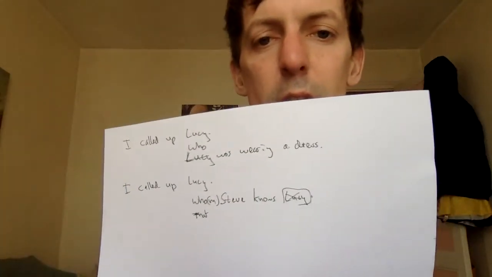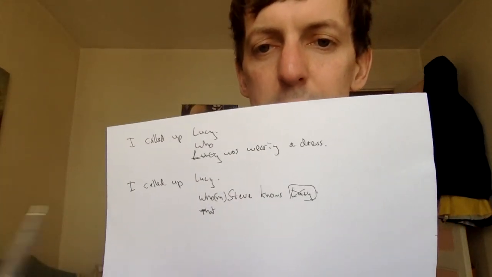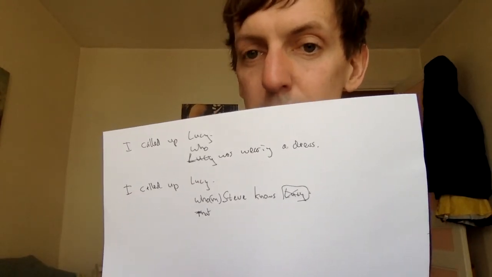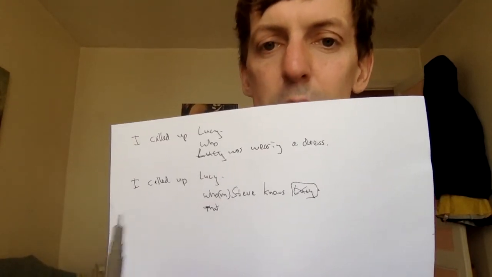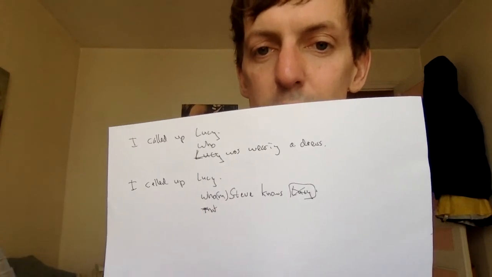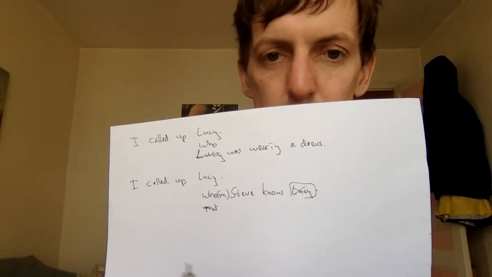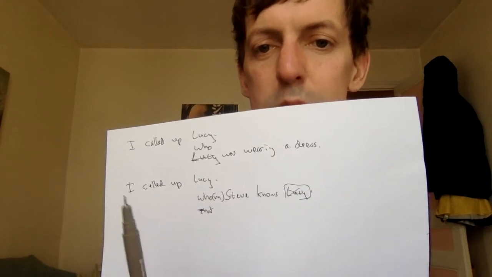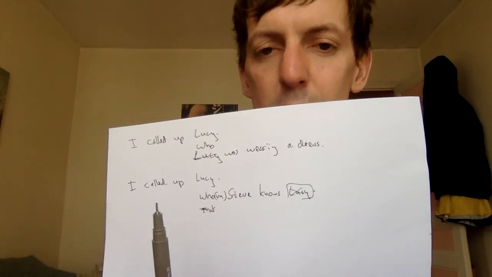So instead of saying, I called up Lucy, Steve knows Lucy, we could say, Steve has heard of Lucy. So I called up Lucy, Steve has heard of Lucy, okay? And so we could say, I called up Lucy, who Steve has heard of, whom Steve has heard of, that Steve has heard of.